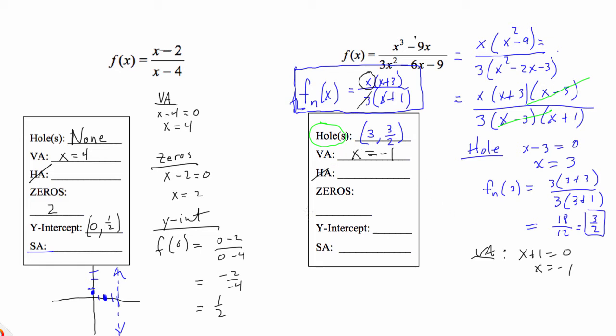Okay, again, we're going to ignore the horizontal asymptote for now and find the zeros. Let's do that over here. Zeros. We are going to set the numerator equal to 0. Since the numerator has this x out in front, we're going to set all of this equal to 0 then.